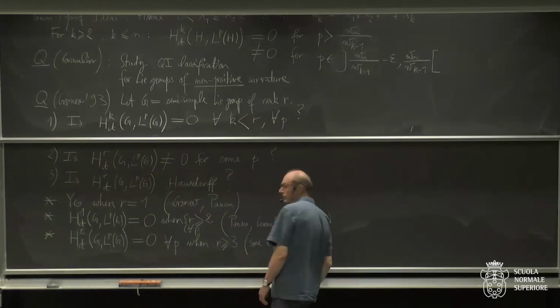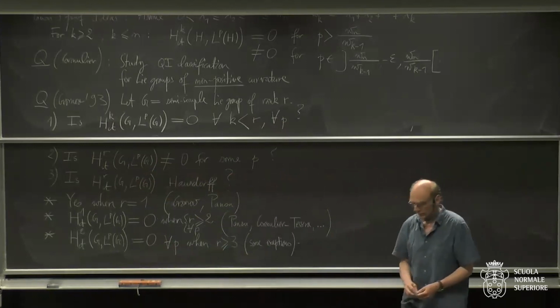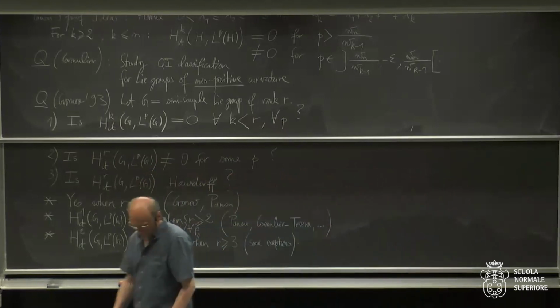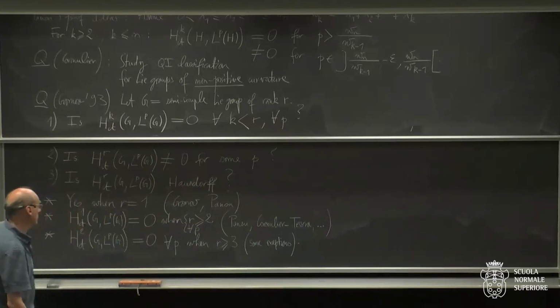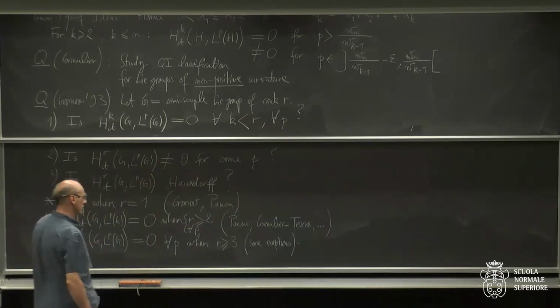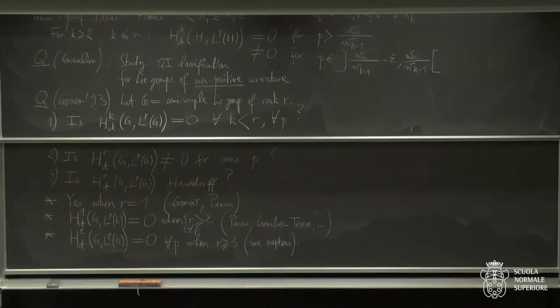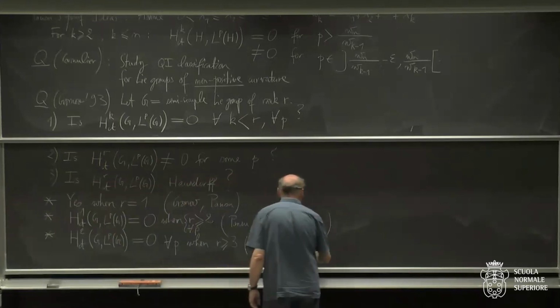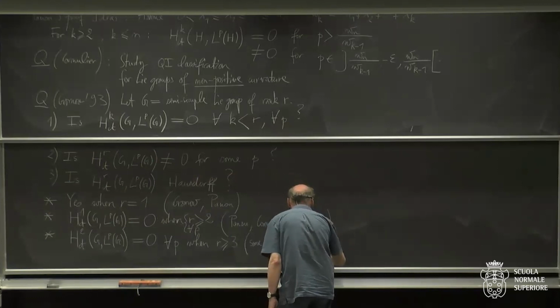For example, I think it does not treat the exceptional groups, and there is a family also that it does not treat. So this is due to Lopez Neumann.